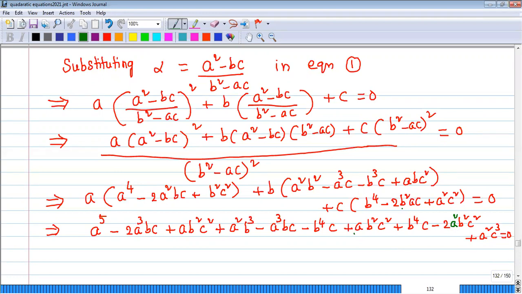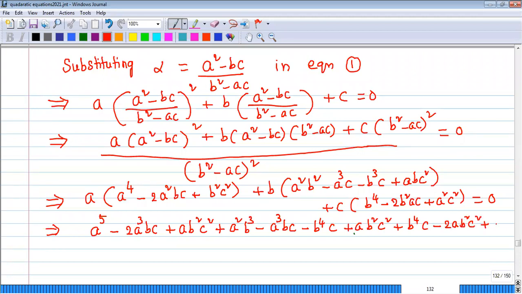Minus 2b, sorry, one minute, let me write. Here I made a mistake in the calculation. Let me complete. Minus 2ab square c square.